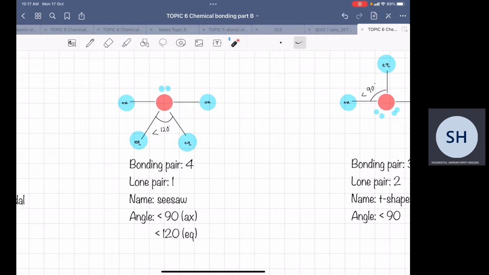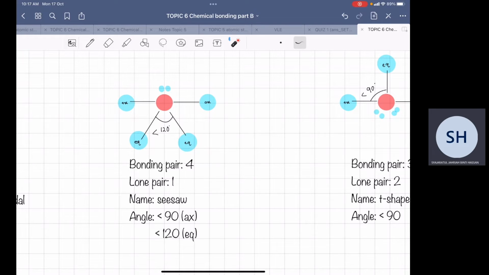So what happens now? When we replace one bonding pair with one lone pair in 5 electron groups, we start to replace dekat equatorial dulu. Ingat, kita ada 3 equatorial and 2 dekat axial. Dekat equatorial tu kita tukarkan satu, so sekarang bentuk dia dah jadi macam seesaw.